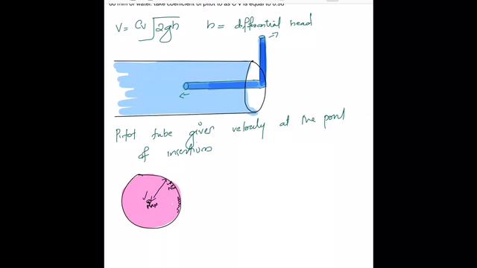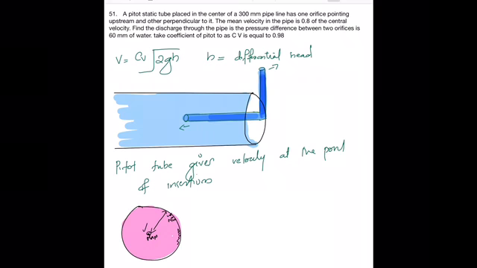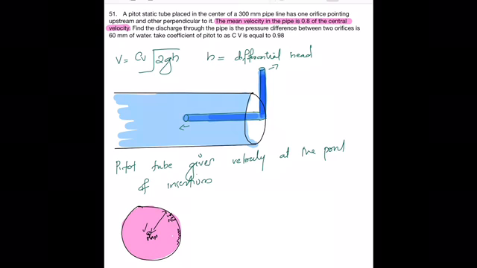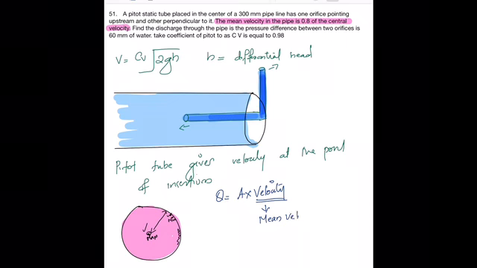So considering this concept and the fact that the pitot tube gives velocity at the point of insertion, we have to consider this statement: the mean velocity in the pipe is 0.8 times central velocity. We know that Q is equal to area times velocity. Now this velocity is mean velocity.